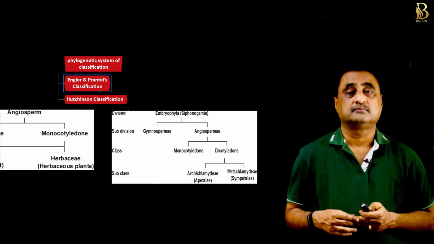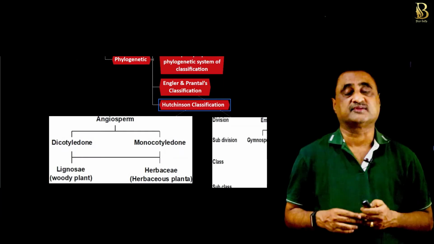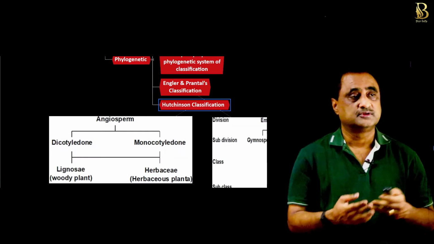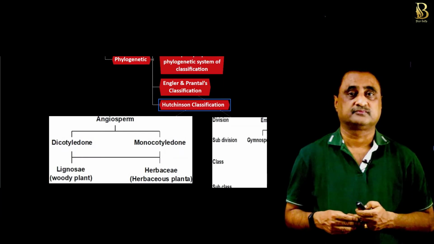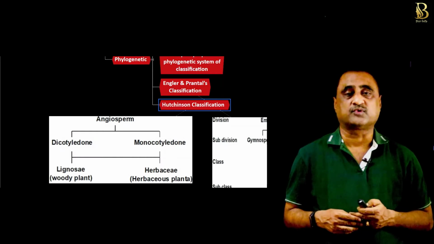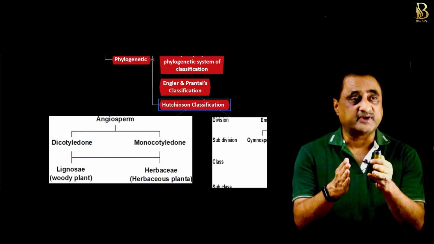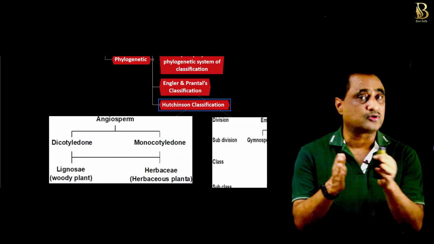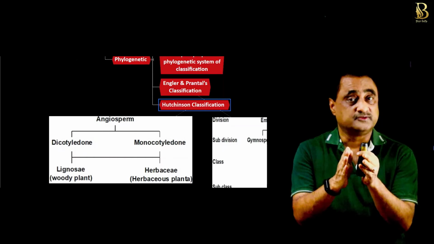But among them, perhaps the most acceptable one is Hutchinson's classification. In Hutchinson's, they have also divided angiosperm into dicot and monocot, and they have kept gymnosperm separate.